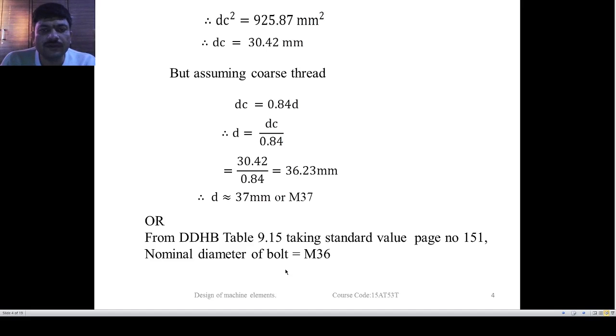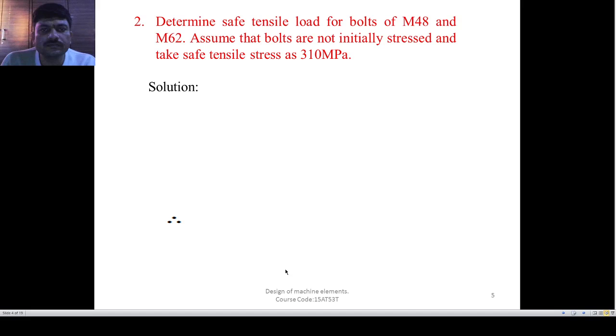Next, take another one. Determine the safe tensile load for bolts of M48 and M62. Assume that the bolts are not initially stressed and take the safe tensile stress as 310 megapascal. This is the problem given. In the last theory session, we discussed the designation of screw threads.